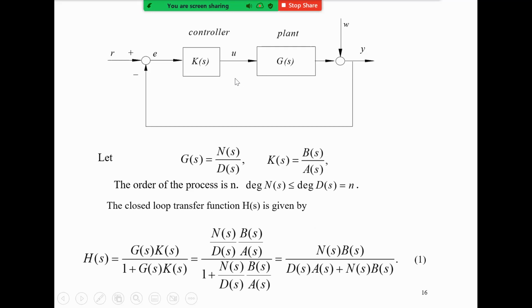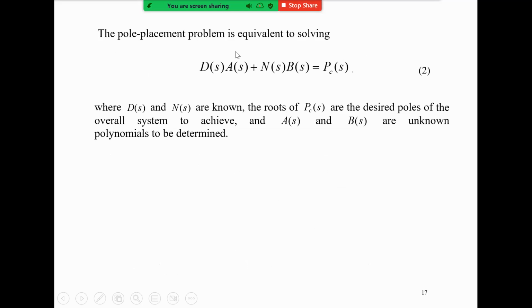And then we can get the closed loop transfer function. This is the formula: G times K over 1 plus G times K. We plug in the expressions of G and K. So this is the expression of the closed loop transfer function. Then the pole placement problem is equivalent to solving this equation.